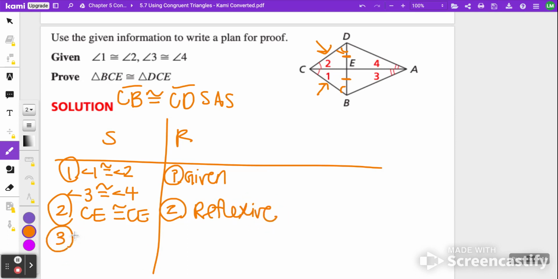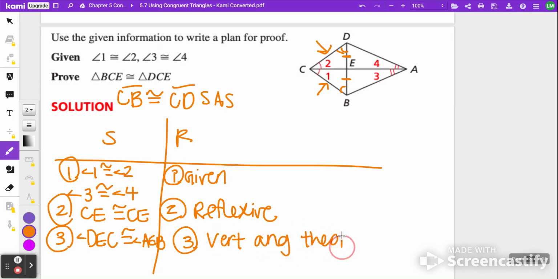Then we can say that angle E is congruent to the other angle E, so that would be like angle DEC is congruent to angle AEB, and that is using the vertical angles theorem. So now we know that this is equal.